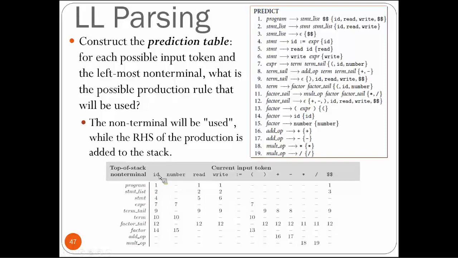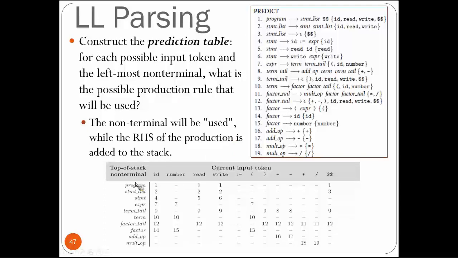So a program can only start with an ID, with a read, with a write, or with an end of file. That was given in the previous step when we constructed these predicted possible inputs. In all of these cases, the production rule that we are applying is production rule number 1.